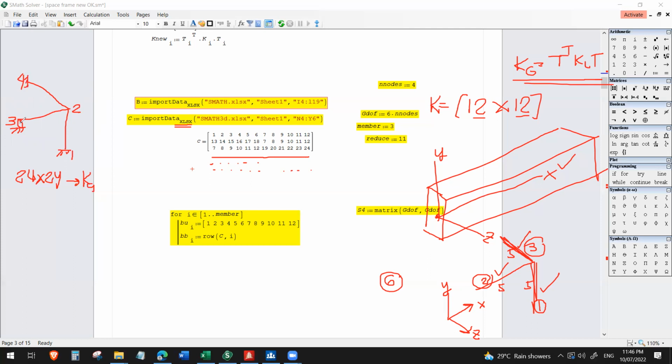There will be 5, no, because the roller support is only capable of resisting the vertical load or the vertical displacement. So 6 minus 1, that will be 5. So 5 plus 6 here, therefore 11.